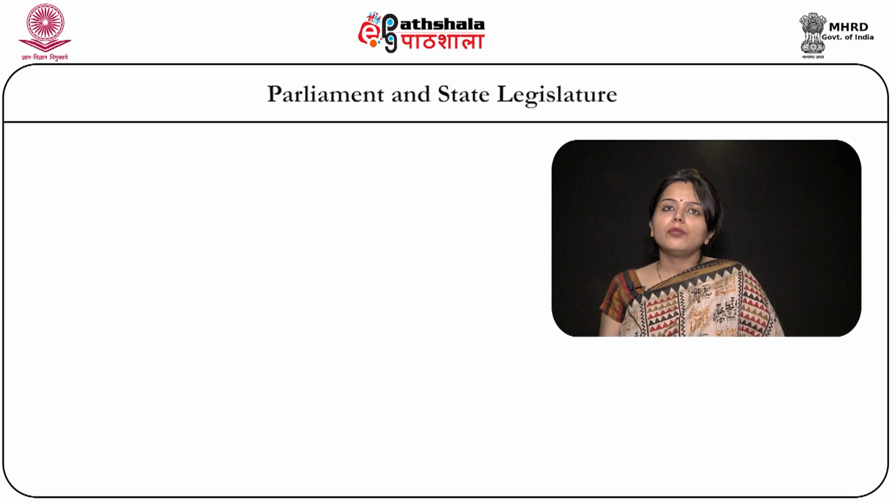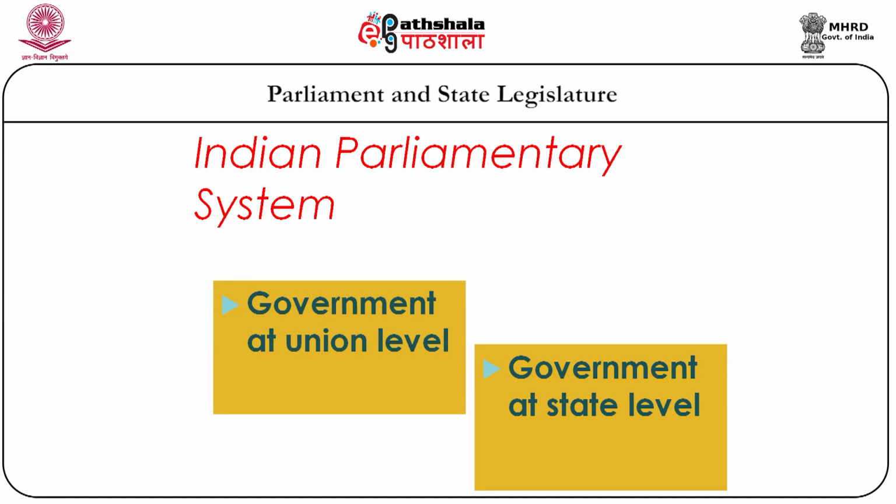Now, if we come to the Indian parliamentary system, then here I would like to tell you that the government of India has two levels, or we can say it is bifurcated into two levels. One is at the union level, another is at the state level. Firstly, I will explain to you government at union level.